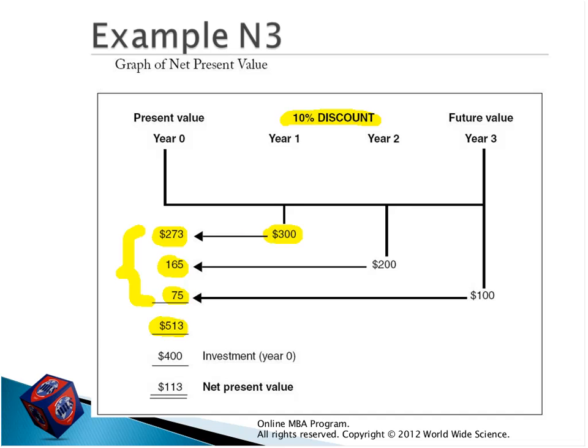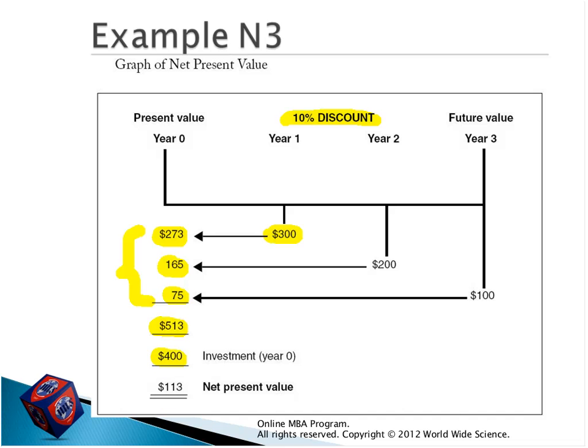Then we deduct our investment expenditure, which is $400, from our present values over the 3 years. Then you get the net present value of the project, which is $130.